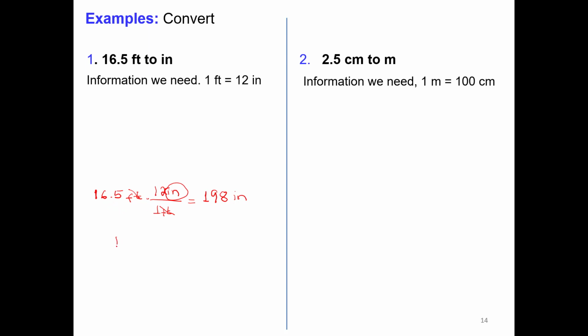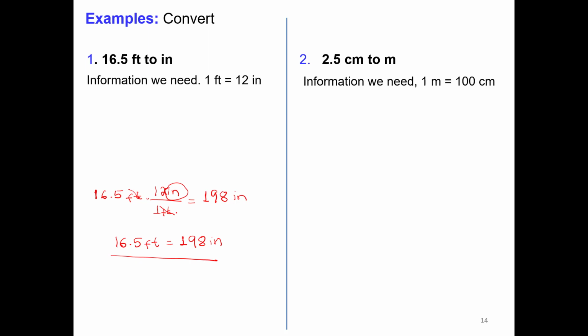So 16.5 feet equals 198 inches. And one more thing, we had 1, 2, 3 significant digits. We don't take into account the significant digits of the conversion factor. Then let's try the next problem.